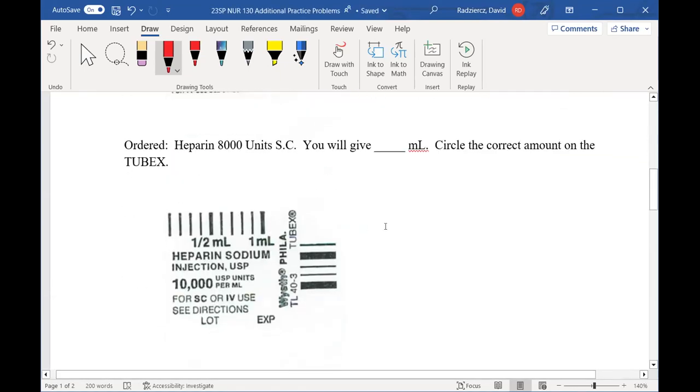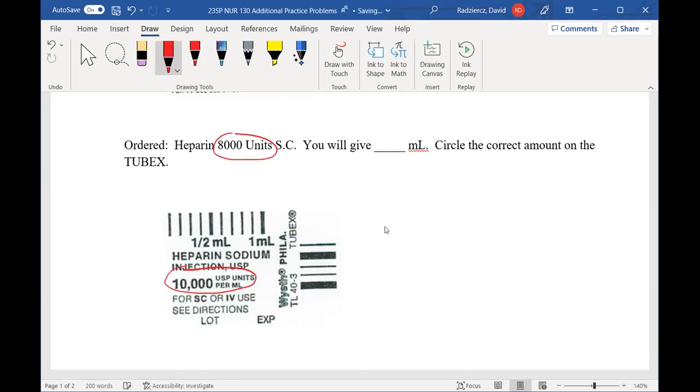Heparin question, similar format. Again, if you're at North, South, or Boyce, it might just say how much would you deliver in one dose. You would look at the label. The label tells you 10,000 units per ml. Your order is the 8,000 units. Subcutaneous tells you it's milliliters. So even if it's not given to you, you should be able to figure that out.